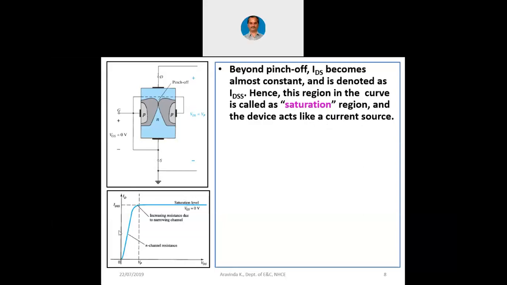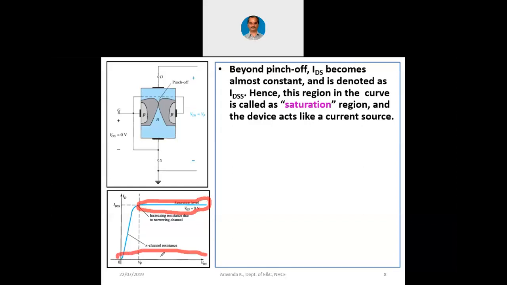Now, in case of MOSFET, there is a slight difference in this terminology. In case of MOSFET, I will annotate here now. Whatever we called the active region in BJT, in MOSFET we call it the saturation region. And whatever we called the cutoff region in BJT, that is the same.